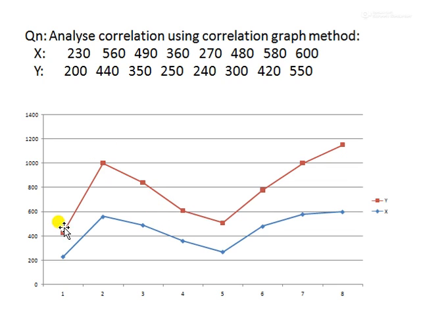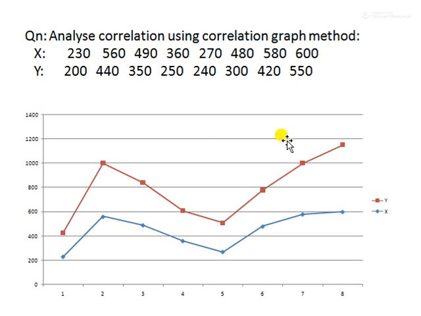In all the time points, the x and y variables are moving in the same direction. Here y increases, x also increases. Here y shows a decrease, x also shows a decrease. y decrease, x decrease. y increase, x increase.